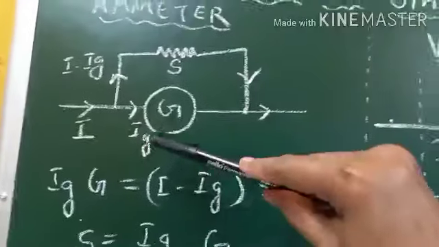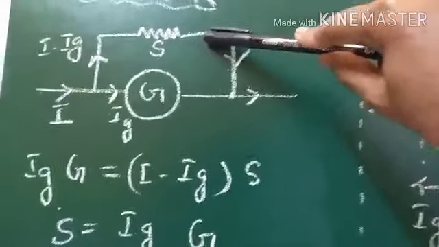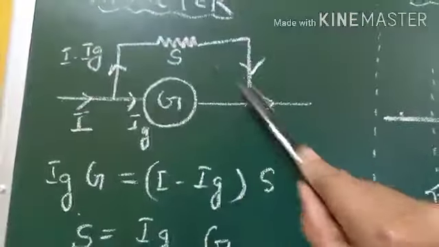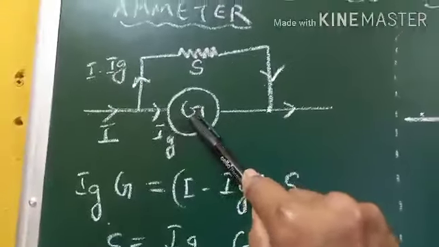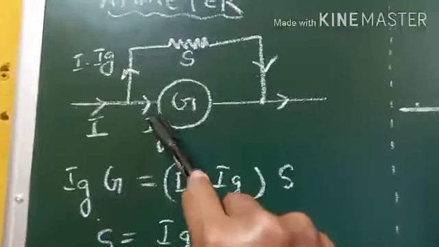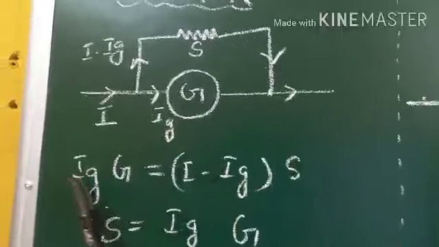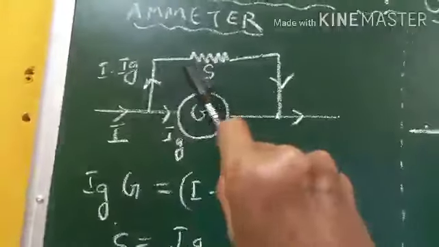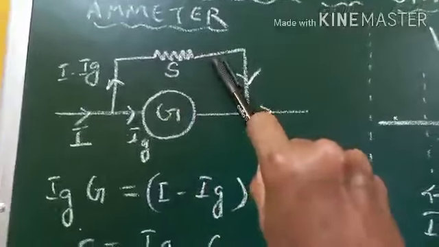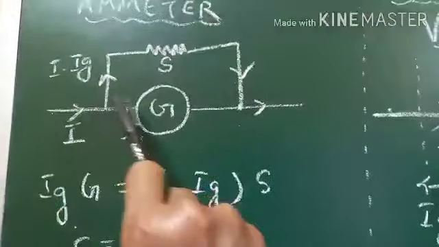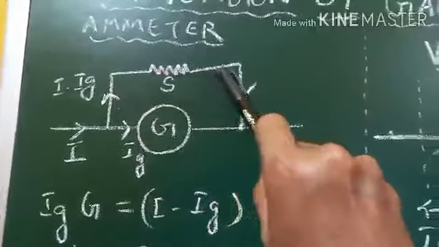See here, the galvanometer and the shunt resistance are connected in parallel. So the PD across the galvanometer and the PD across the shunt resistance will be the same. G is the galvanometer resistance, Ig is the current through the galvanometer. So the PD across the galvanometer will be Ig into G. The total current was I. Out of that, Ig passes through the galvanometer, so the rest of the current, I minus Ig, passes through the shunt resistance.